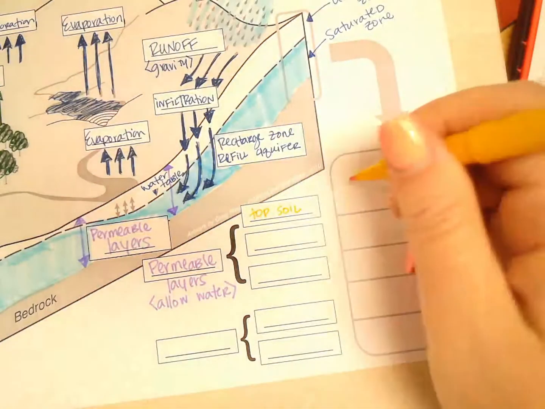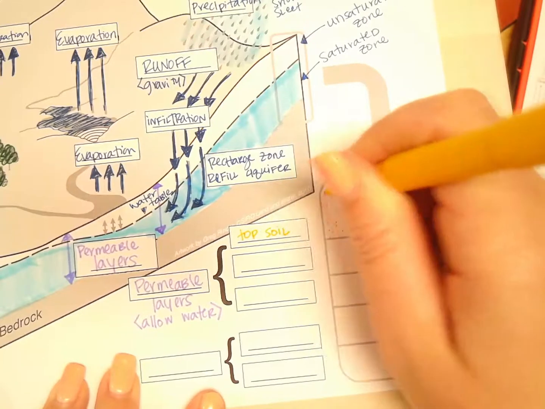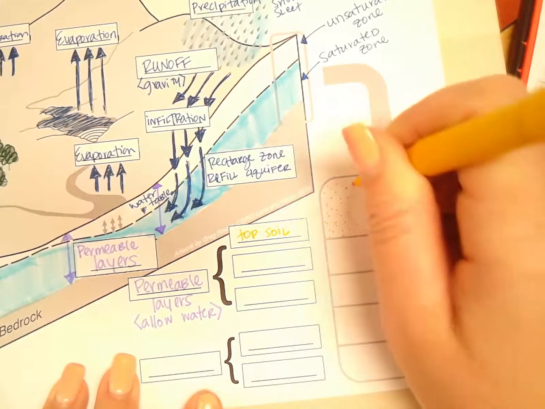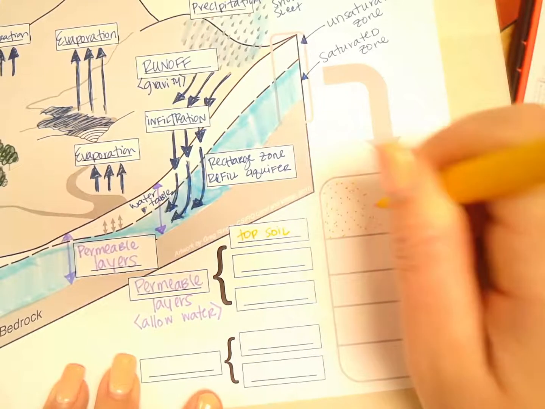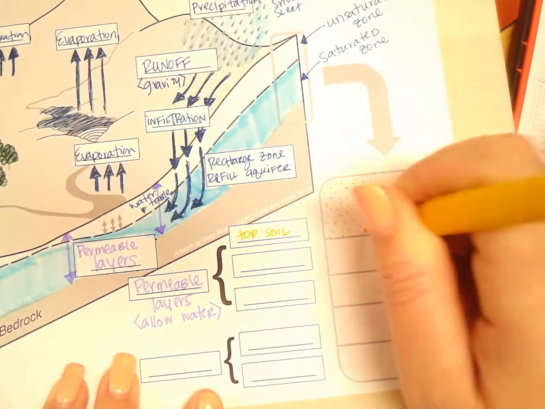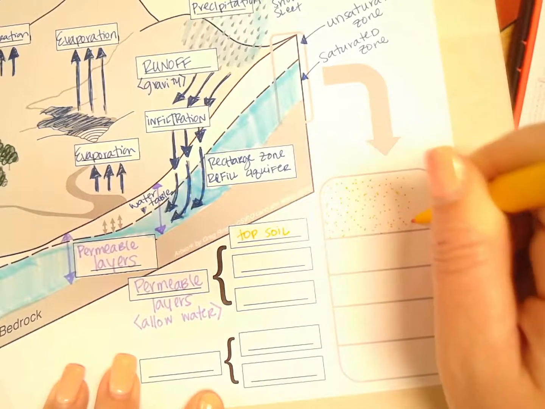Okay, and the topsoil layer is all of these really small particles. So I'm going to use just little dots of my pen to represent those tiny pieces, tiny spaces between each of the particles of soil.